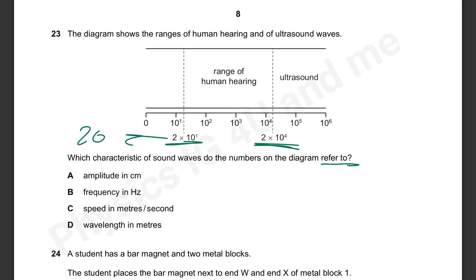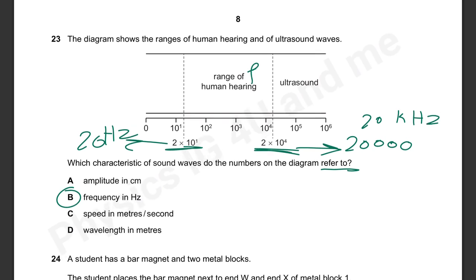And this is 20,000, right? Or what we say, 20 kilo something. If you remember, here they are talking about the frequency because the range is from 20 hertz until 20 kilohertz. Okay? Range of frequency of human hearing, okay?